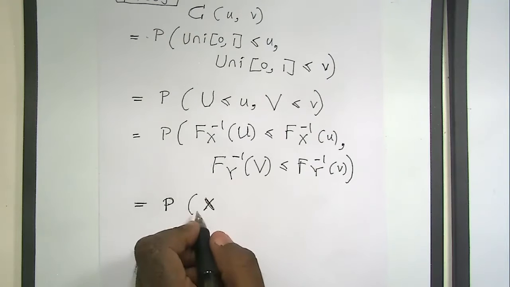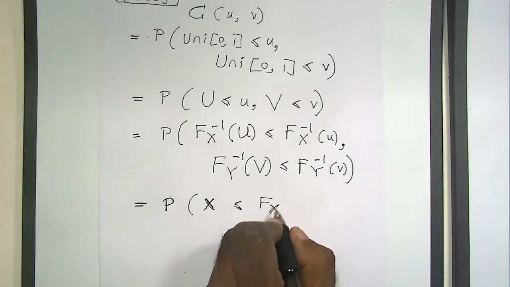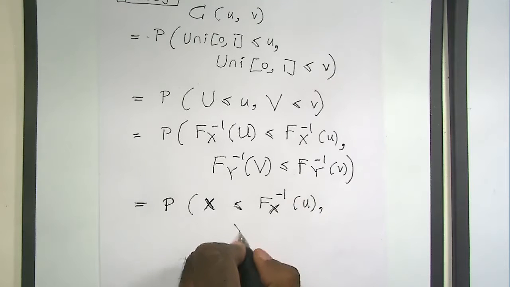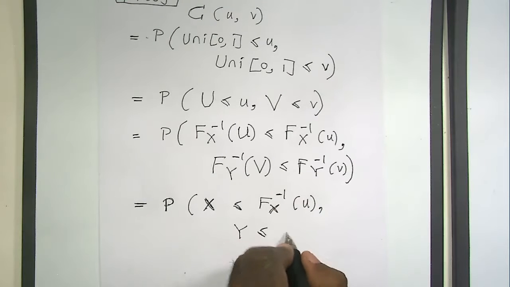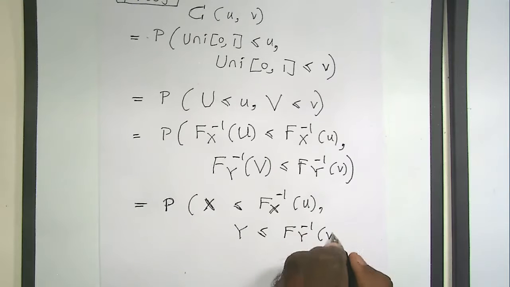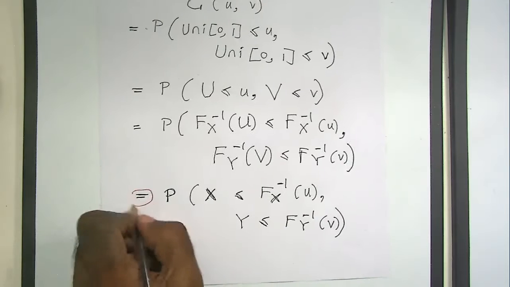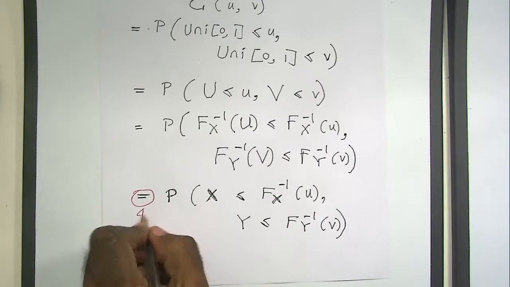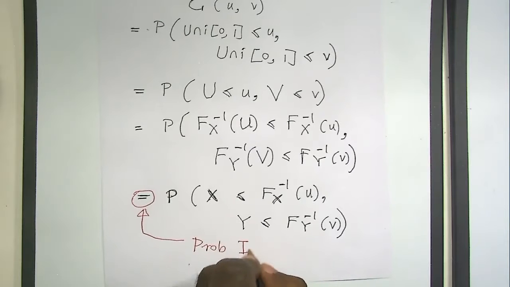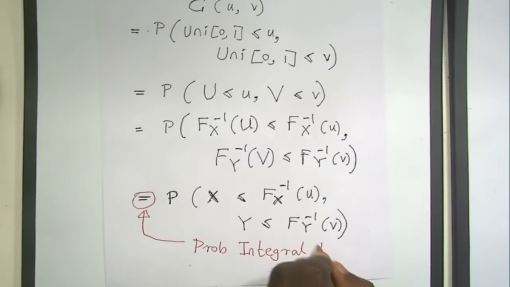This is equal to X. Do you know that or not? Once again, this step follows because of the probability integral transformation.